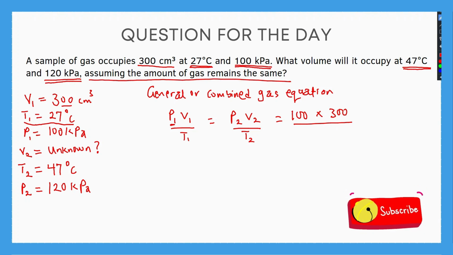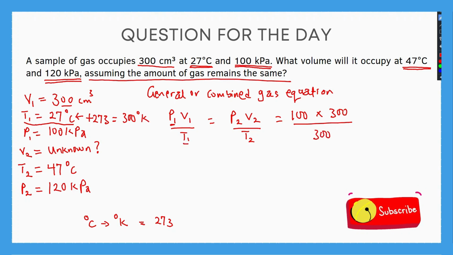To convert from degrees Celsius to Kelvin, what you simply do is add 273. So now that we have 27 degrees Celsius over here, we simply say plus 273, which will give us 300 degrees Kelvin.